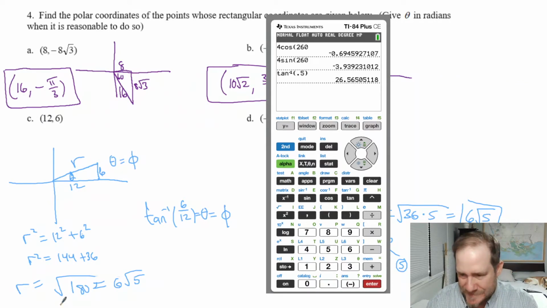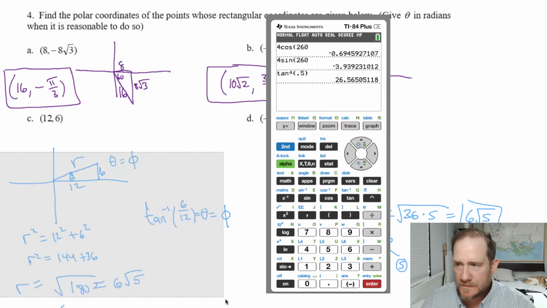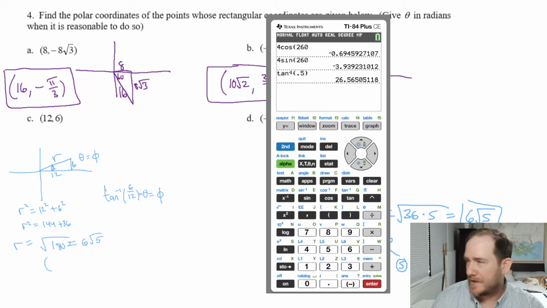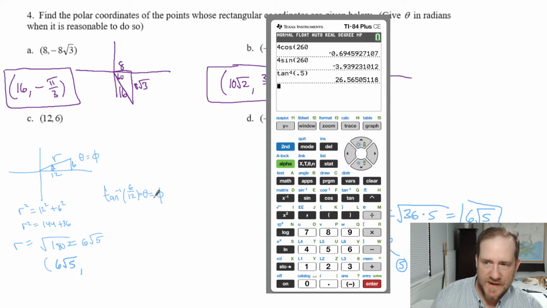So the best way to write these coordinates, and I've run out of space, so let me make more space. Okay, the best answer, I guess, is to say the radius, which is 6 root 5, and then give the angle as this inverse tangent expression.